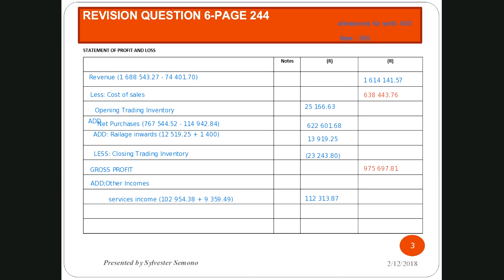But we need to go back to the list of balances and check any other interest which is an income. Okay, if you check on page 245, when we go down there, I don't see any interest that is receivable or received. But the interest which you can find in future are the following.